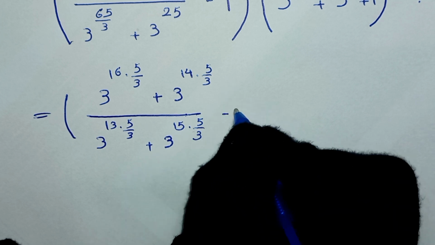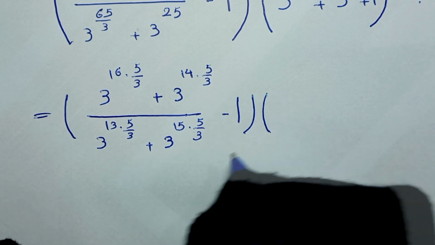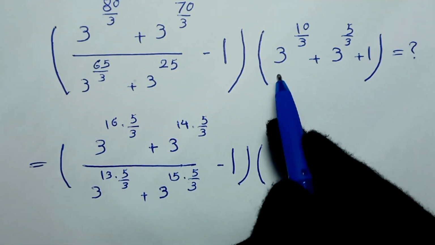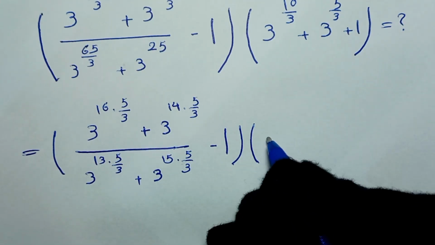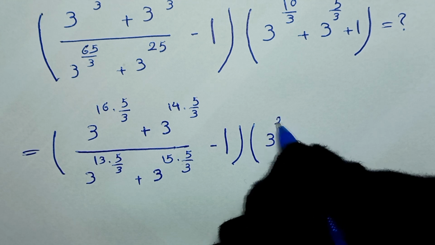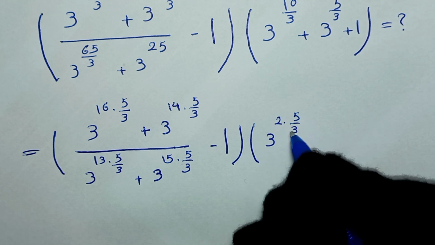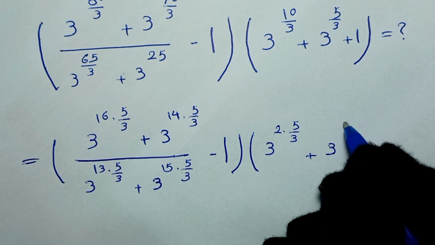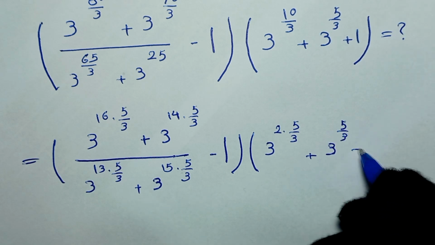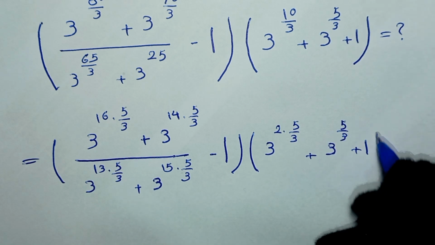And minus this 1. And in here, 3 to the power of 10 over 3, we can write this as 3 to the power of 2 times 5 over 3, and plus this 3 to the power of 5 over 3 plus 1.